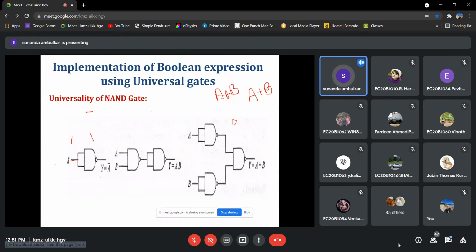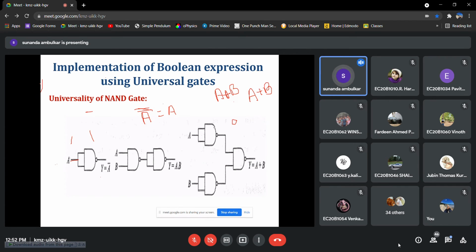The De Morgan's theorems are very important while implementing any Boolean expression using universal gates.